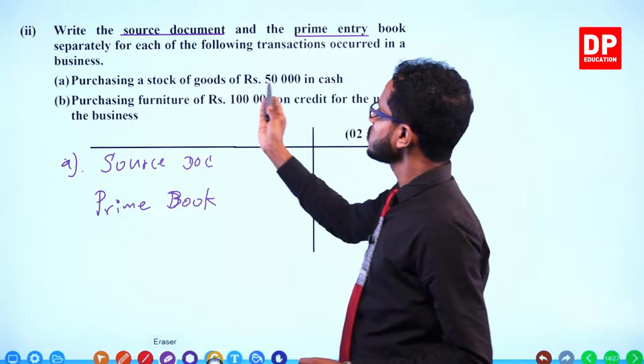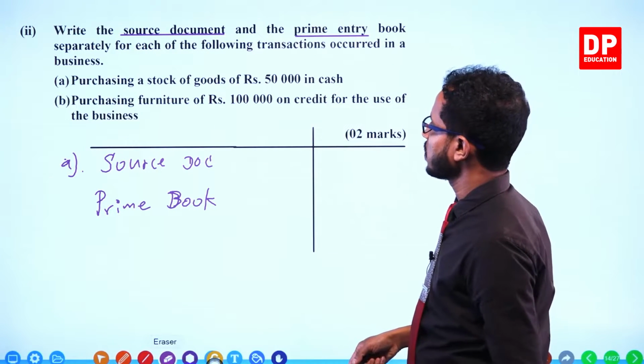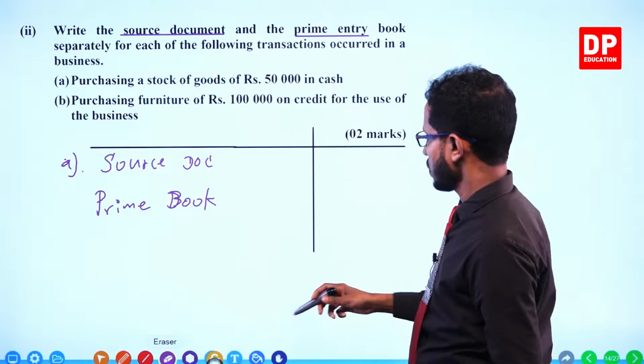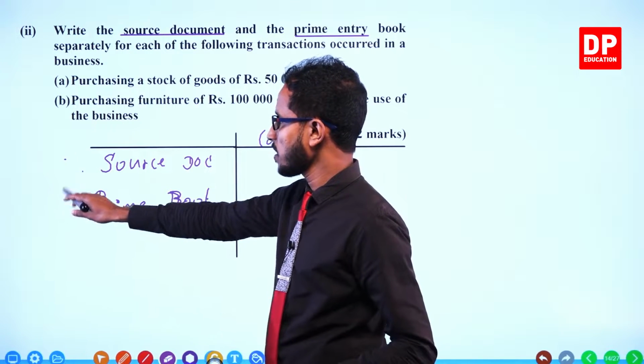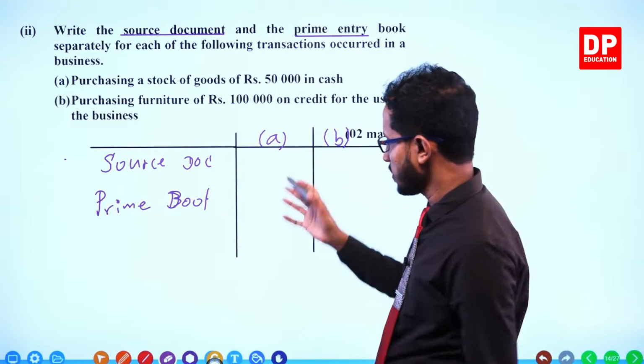Purchasing a stock of goods 50,000 in cash. You have to write the source document. This is for A. This is for B. Now it's easy for you and it's really neat and clean, the answer.